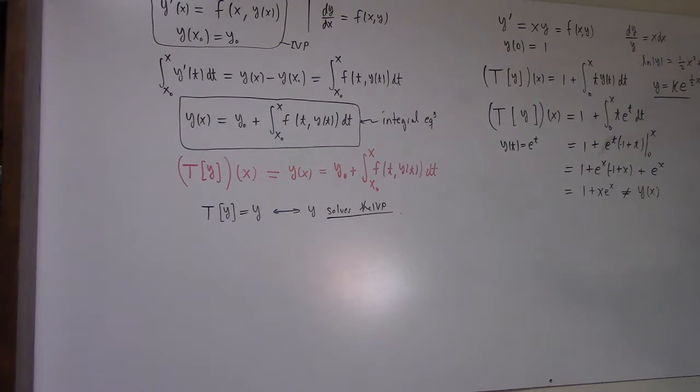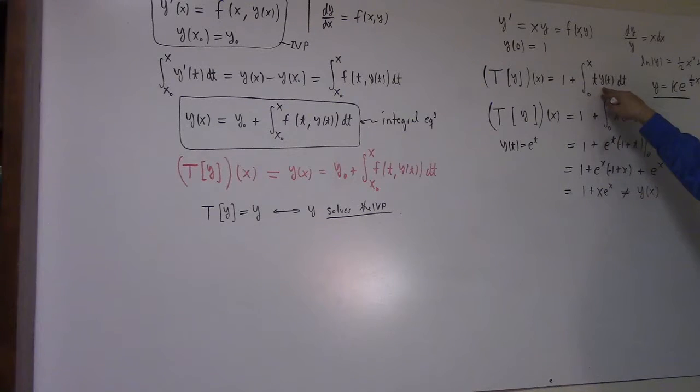And as much as this is reminiscent of linear algebra, you should be careful not to get too carried away. I mean, this T doesn't even have to be linear, right? Like the y can appear here with a square or something, right? So this is not even a linear operator, it's just an operator on functions.